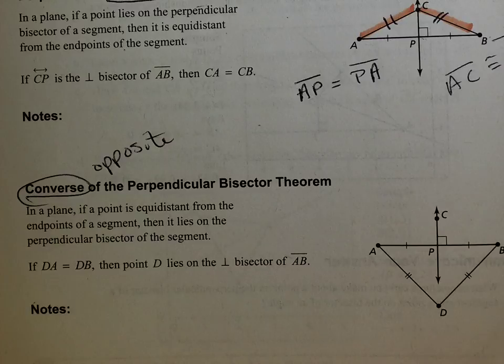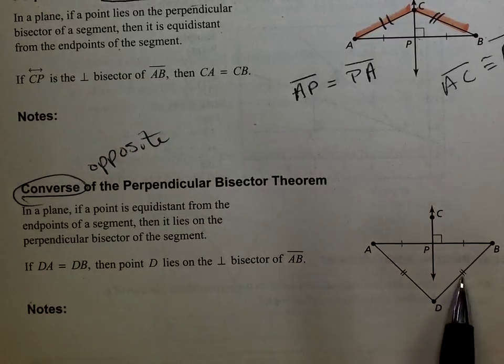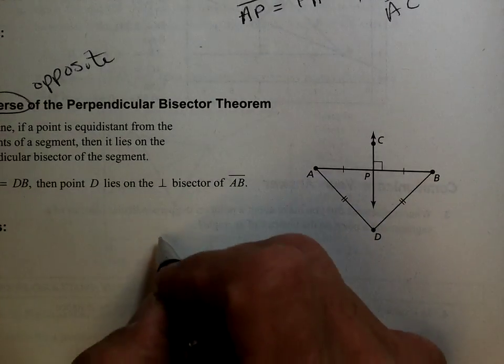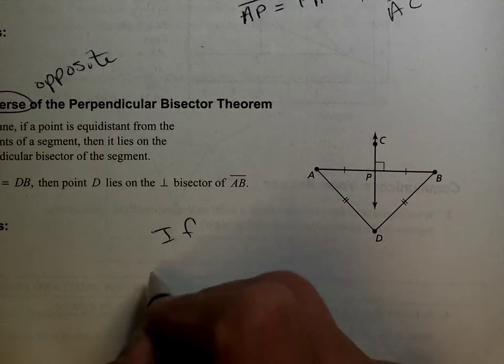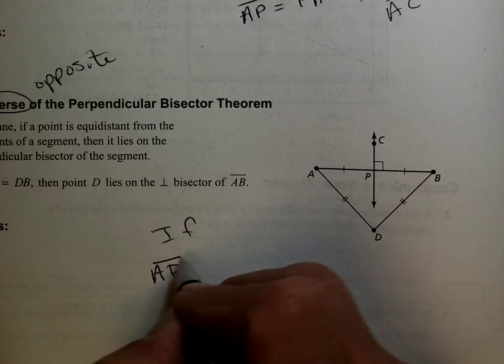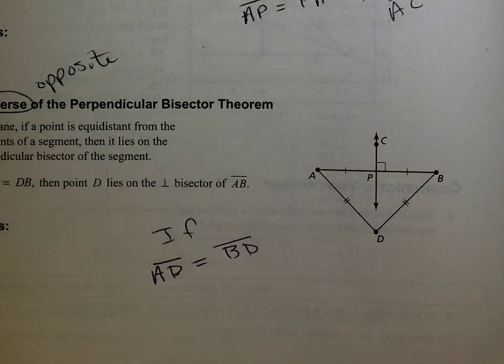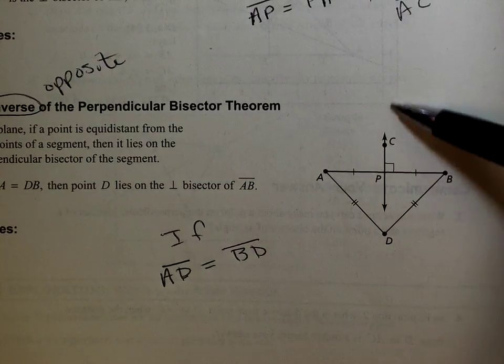So AB would be BA. Right, so we can say this, because this side is equal to this side. So I'm just saying if AD is equal to BD, then we know that this is a perpendicular bisector.